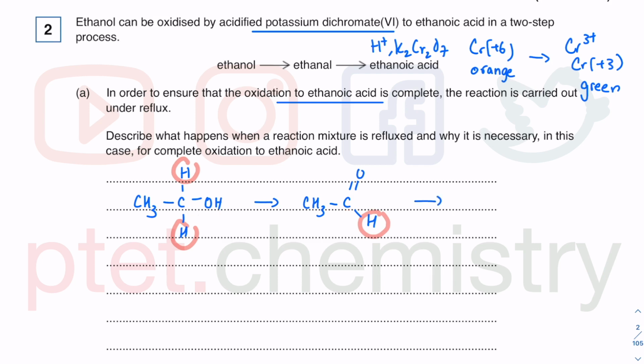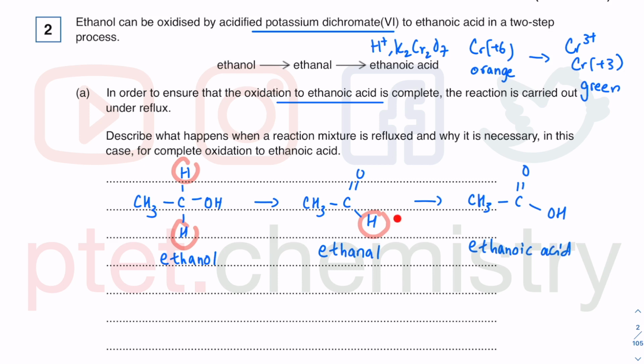This is your primary alcohol, which is your ethanol. And then that can get further oxidized to give you your carboxylic acid, so no more hydrogen on this carbon with the OH originally. So this is your complete oxidation.